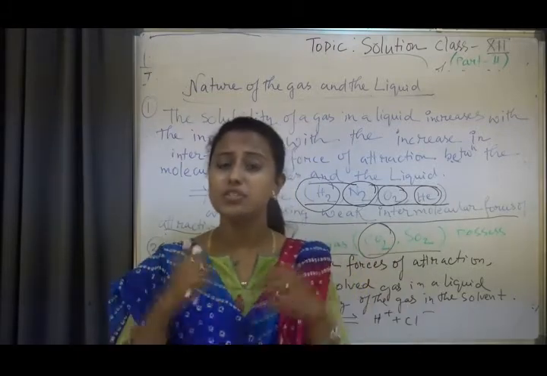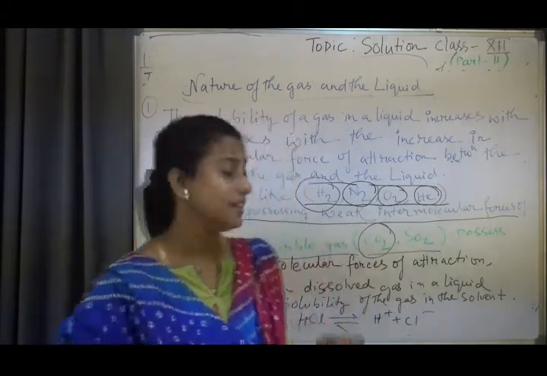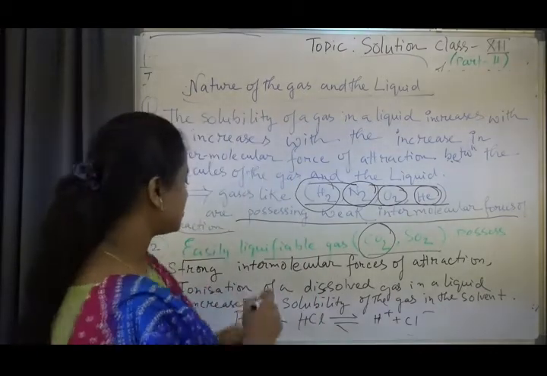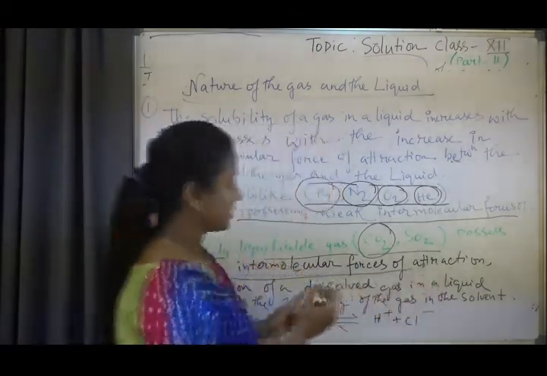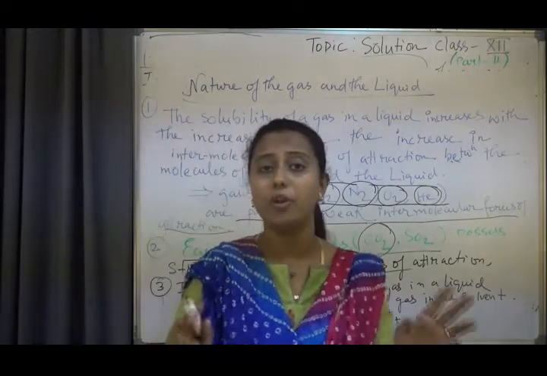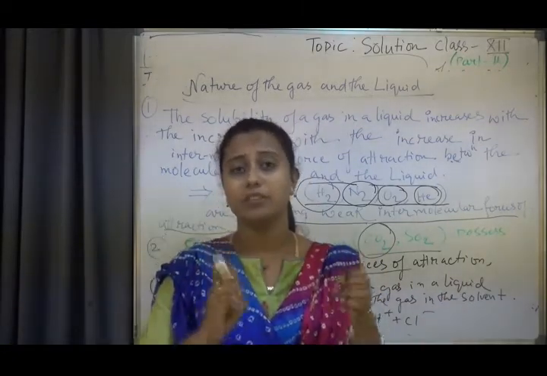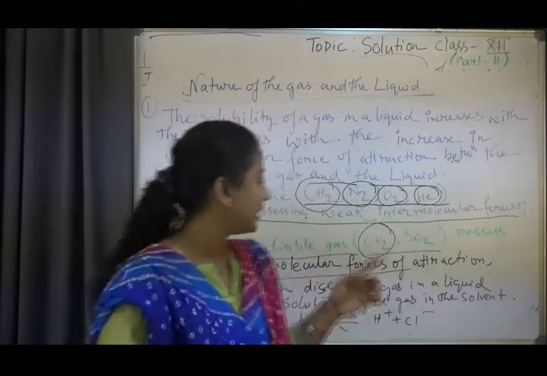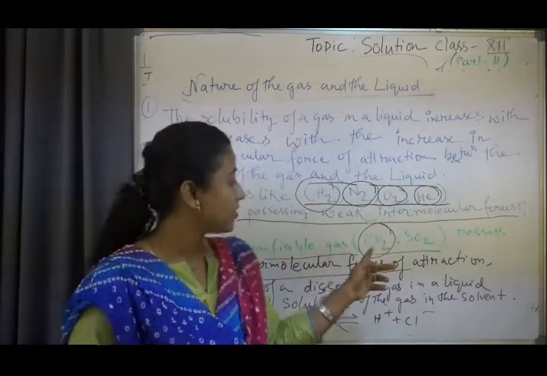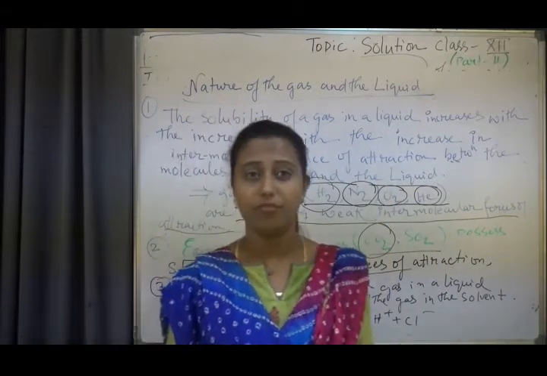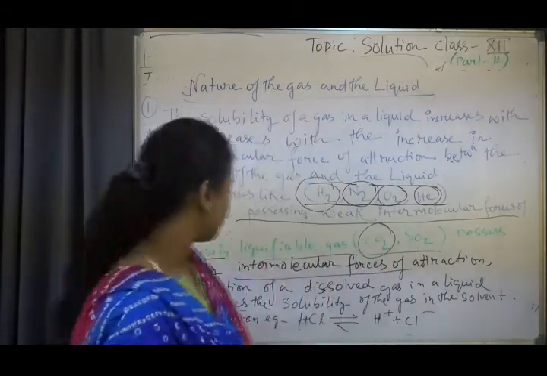They are easily liquefiable for that reason only, as there is a strong intermolecular force of attraction. What do you mean by intermolecular? It means between two molecules. There is a force of attraction between the molecules of carbon dioxide, and also between the molecules of carbon dioxide and that particular solvent in which it is dissolving.